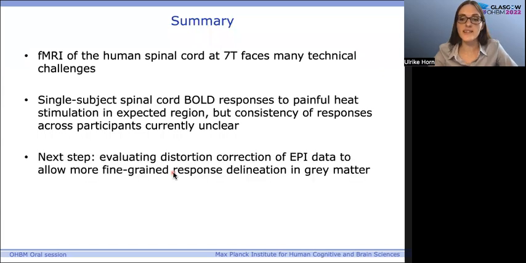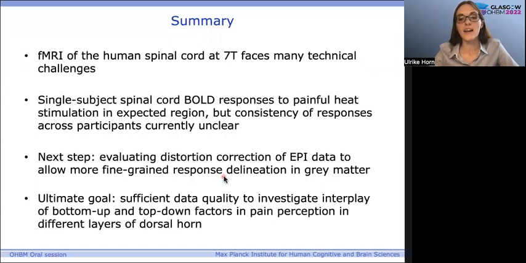As one of the next steps, we are evaluating different procedures to address distortions in EPI data in order to allow for more fine-grained response delineation in the gray matter of the dorsal horn. And although this would require some more work, our ultimate goal would be to obtain data with such a quality that will allow us to investigate the interplay of bottom-up and top-down factors in pain perception in different layers of the dorsal horn.